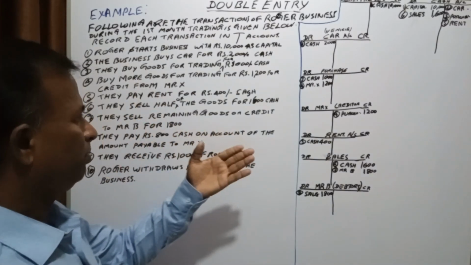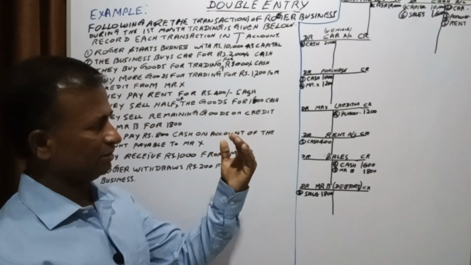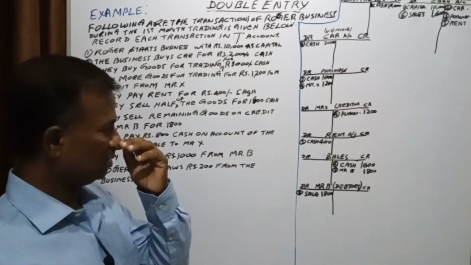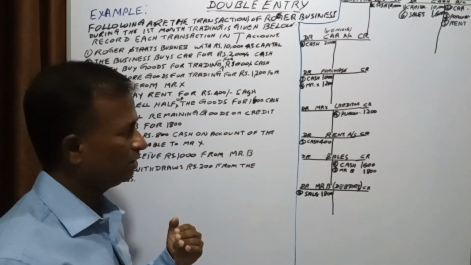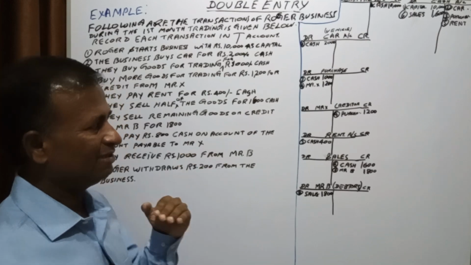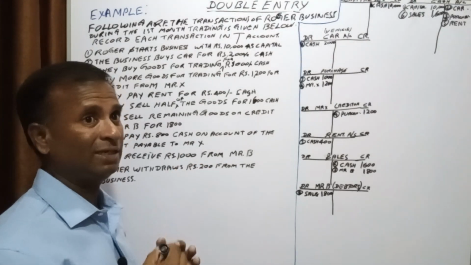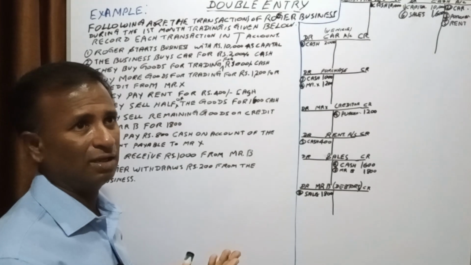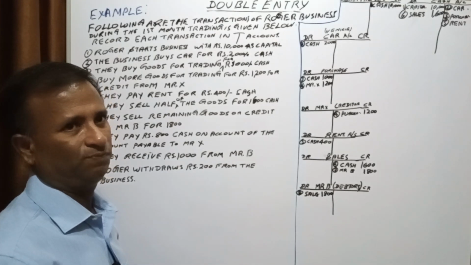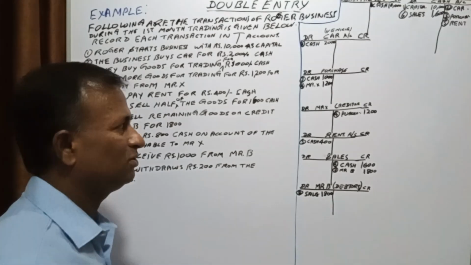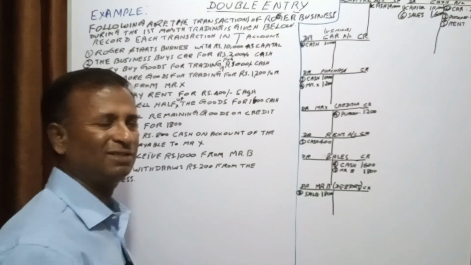So when you are paying, creditors are reducing, diminishing. Okay. When creditors are reducing, the liability is reducing. Creditors are liability. So liability is reducing. If the liability is reducing, what is the entry we have to pass?